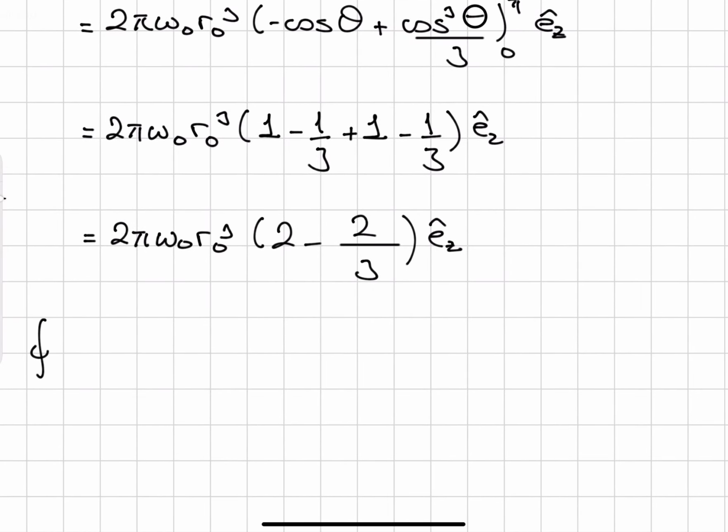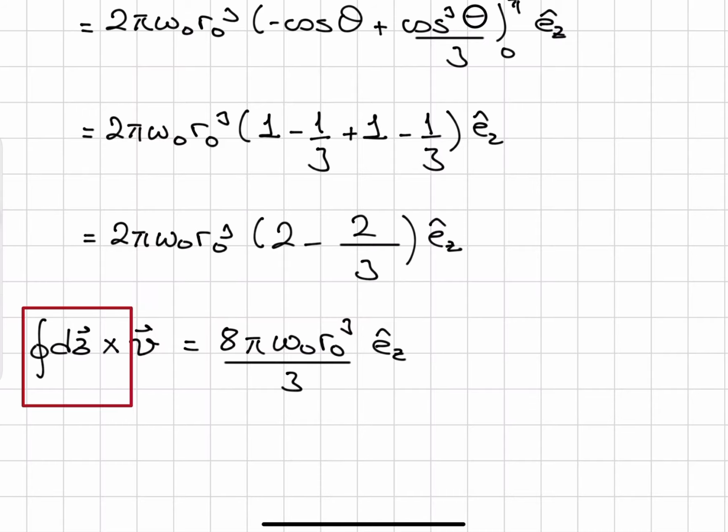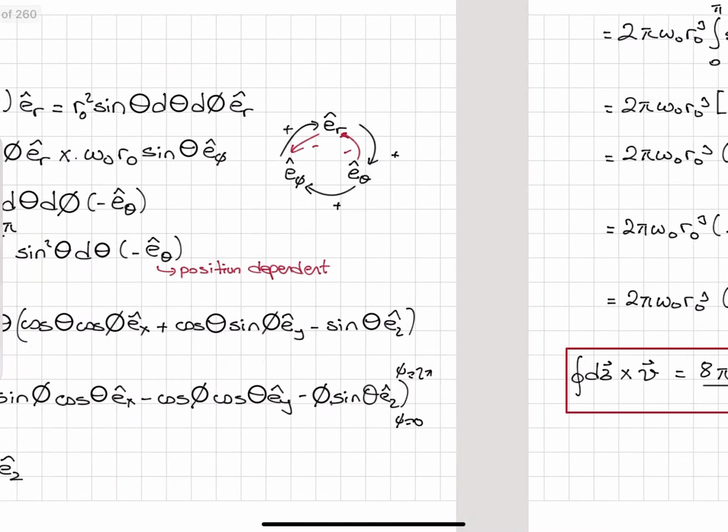So I can write my final answer for the closed surface integral d sigma cross v. This is 6 minus 2, I'm going to get 4 divided by 3, but it's multiplied by 2, so it's 8 divided by 3. So I will have 8 pi omega 0 r0 cube divided by 3 in EZ hat direction as the final answer for this closed surface integral.